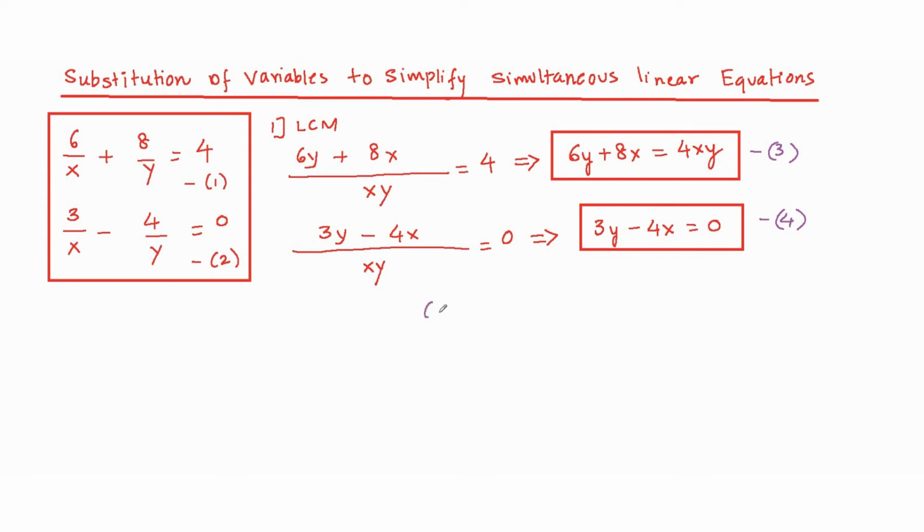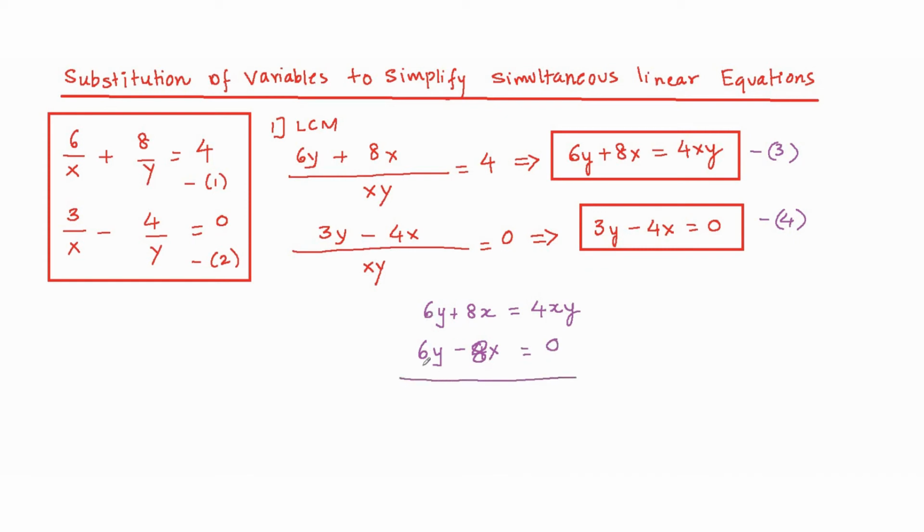Okay, so the first equation is 6y plus 8x is equal to 4xy. And the fourth equation is getting multiplied by 2. So it becomes 6y minus 8x, I have multiplied the equation by 2, is equal to 0.